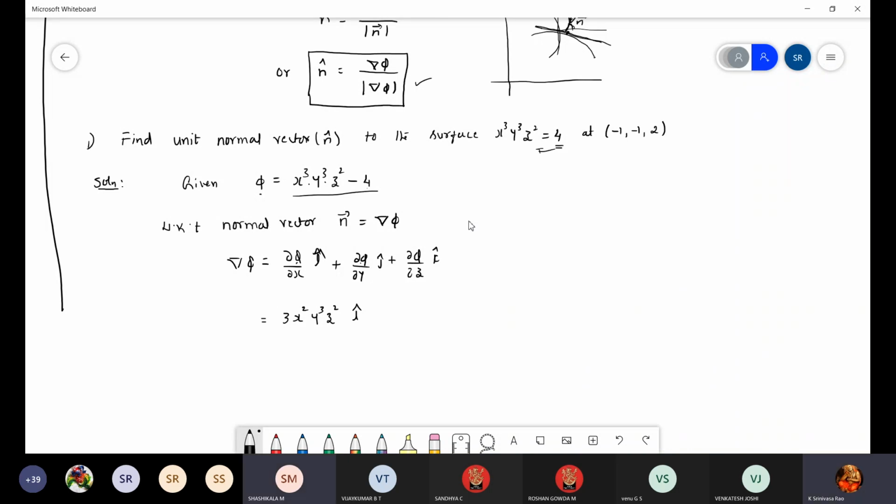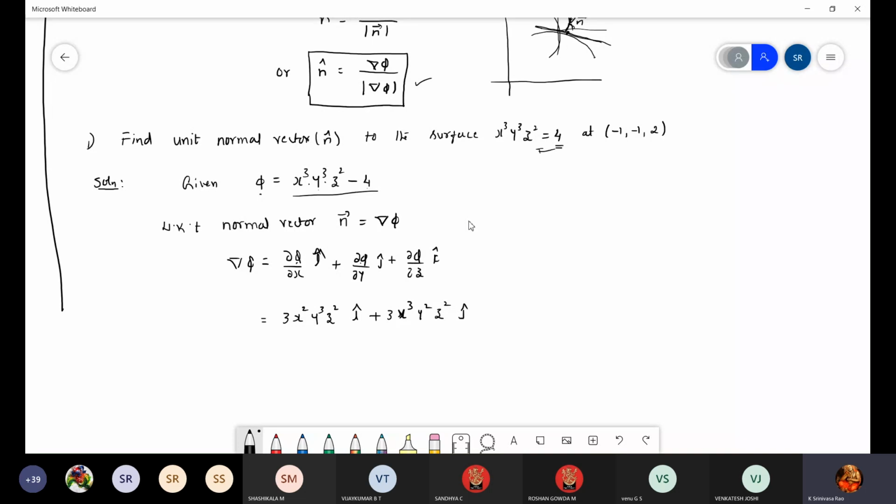Similarly, with respect to y, x cube keep as it is, y cube differentiation is 3y square, z square also as it is, into j cap. -4 is 0 with respect to x, y and z.